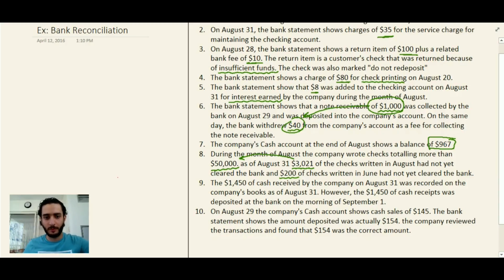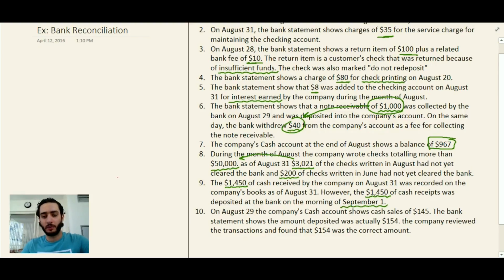Okay, let's continue. The $1,450 of cash received by the company on August 31st was recorded on the company's books as of August 31st. However, the $1,450 of cash received was deposited at the bank on the morning of September 1st.